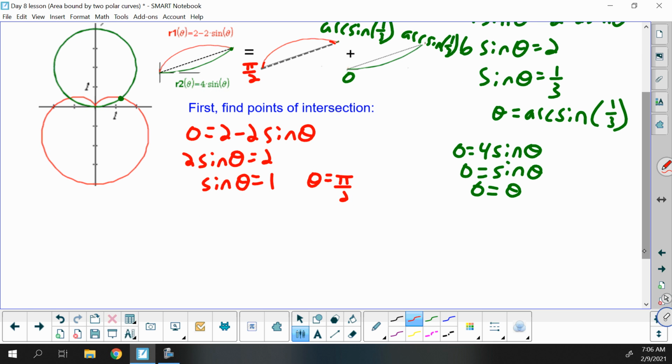So to figure out our area that is enclosed there, we're just going to add our 2 integrals. Now, because we have 2 of those sections, we'll just end up doubling it. So we're going to do 2 times, we'll do our red one, which is going to go from arc sine of a third to pi over 2.